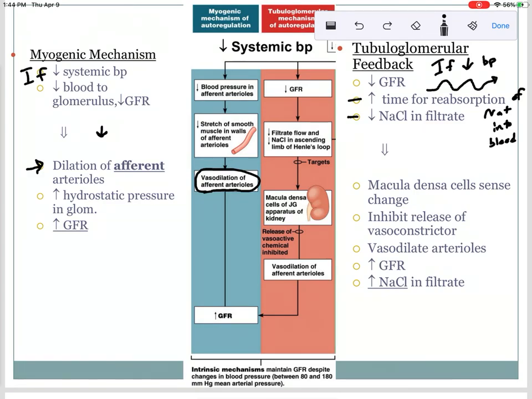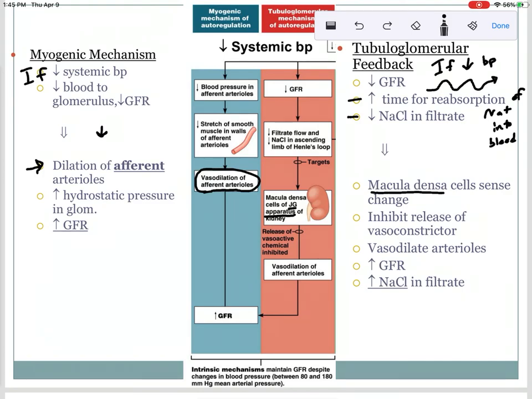So guess what? Remember those macula densa cells we talked about? I know you tried your best to forget about it, but I'm bringing it back. We talked about the juxtaglomerular apparatus. The juxtaglomerular apparatus was where the distal convoluted tubule wraps around and connects back to the glomerulus, and we have those specialized cells called macula densa.